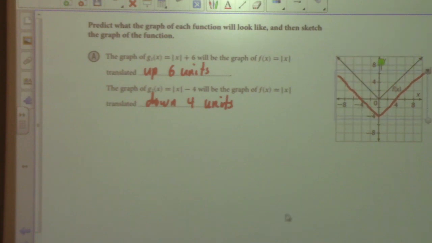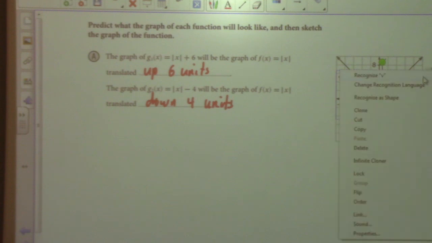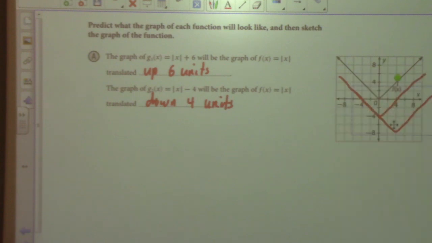Okay? So let me see if I can do something with this. I want to see what I can get away with here with this pen. Okay, let's see. Clone. Oh, look at this. There we go.